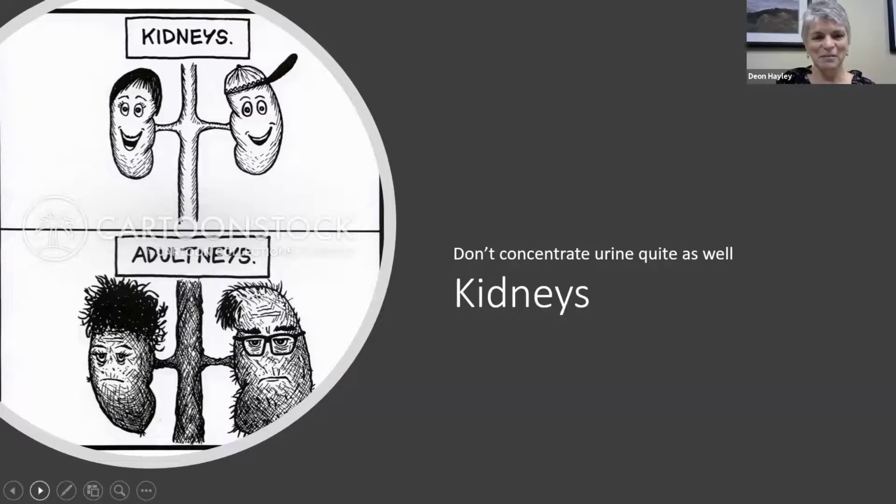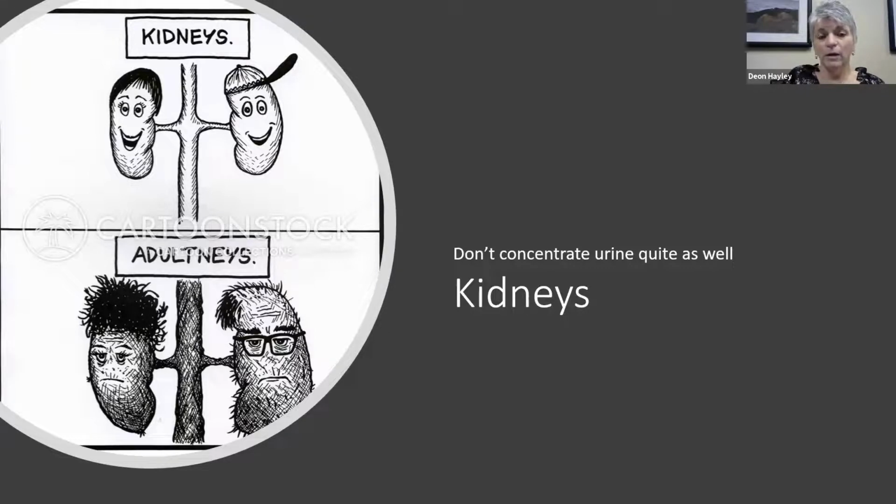This is just kind of a funny kidneys versus adult knees. But one of the things that happens with your kidneys with age is that they don't concentrate urine as well. So a young person, a kid can sleep all night. They could sleep 12 hours without having to get up and go to the bathroom.